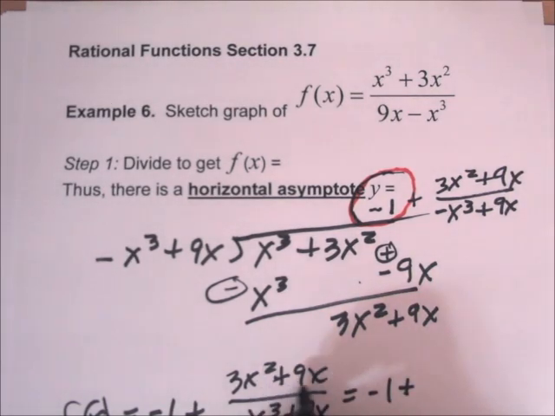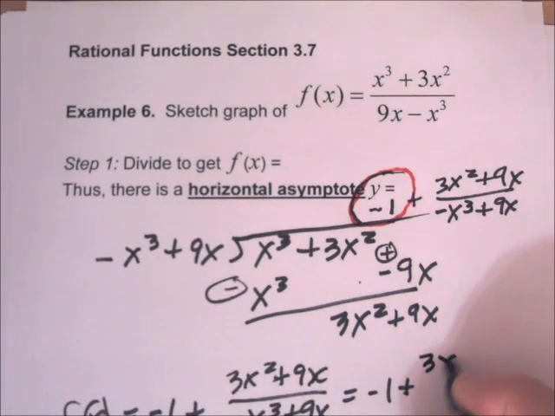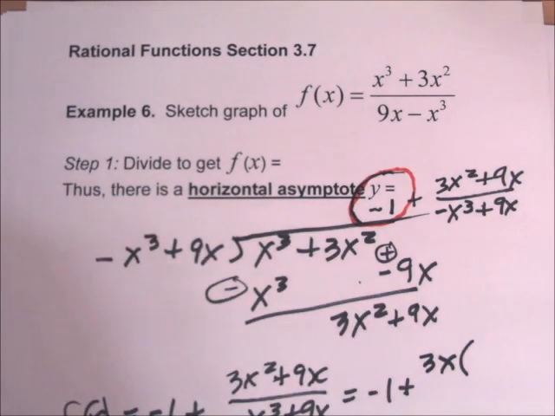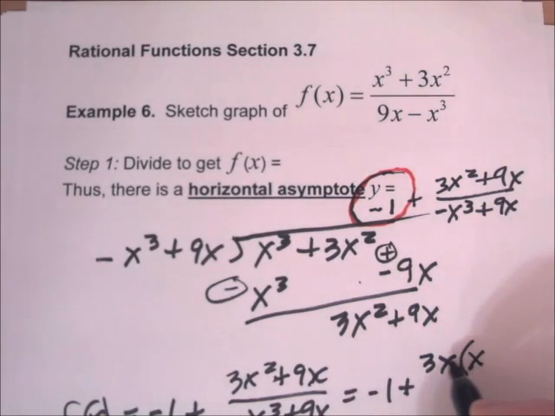And then in the numerator we have a common factor of 3x. 3 goes into both terms. There's also an x in both terms. So we'll factor that out. Divide each term by 3x. 3x squared divided by 3x is just going to be x. And 9x divided by 3x is 3.